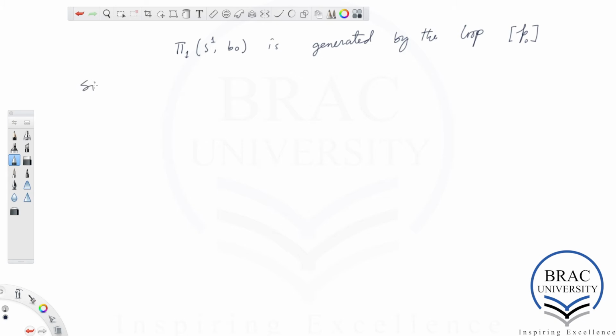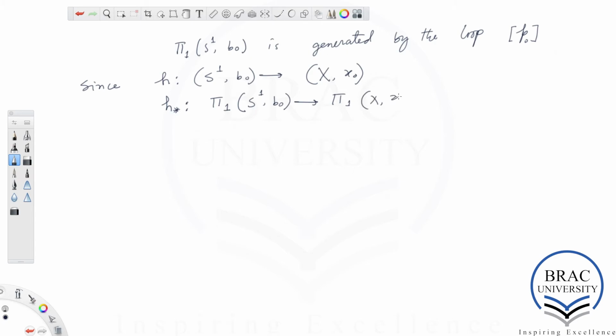Now, since H is this map from S1, b0 to X, x0, H is a continuous map between these two pointed topological spaces. H star, the induced homomorphism, is the homomorphism between the respective fundamental groups, right? So this is how this works.